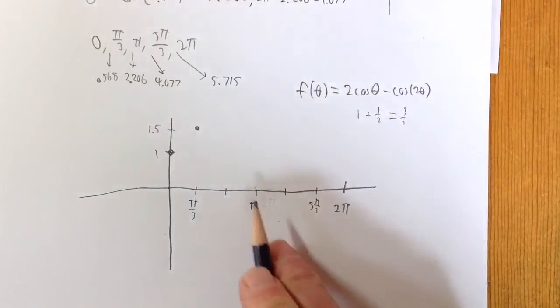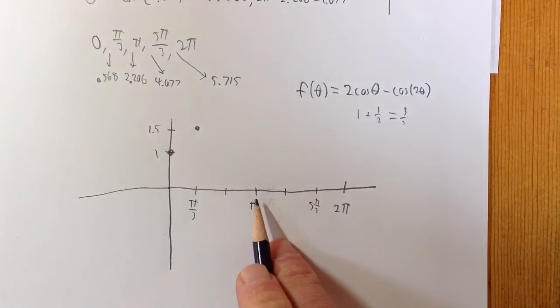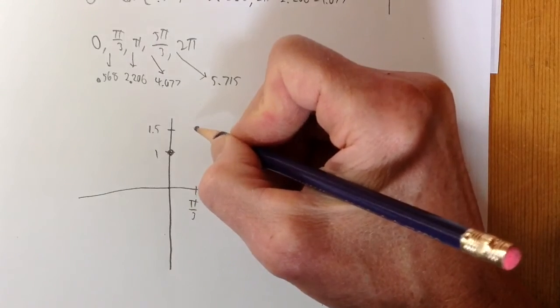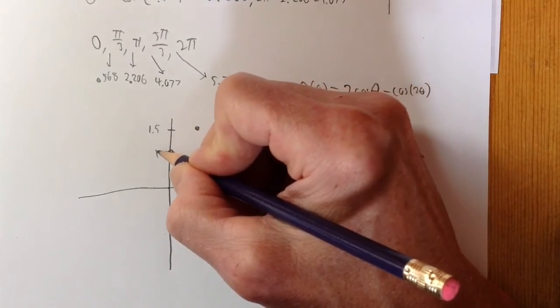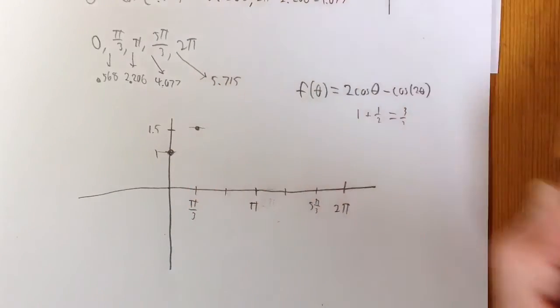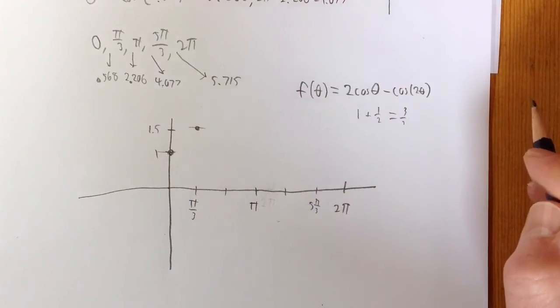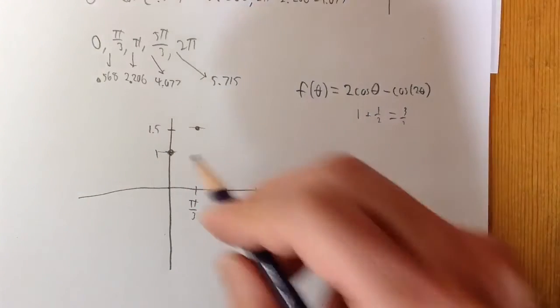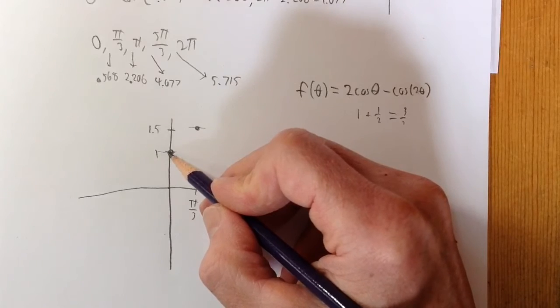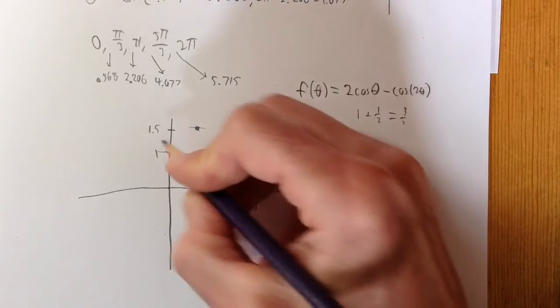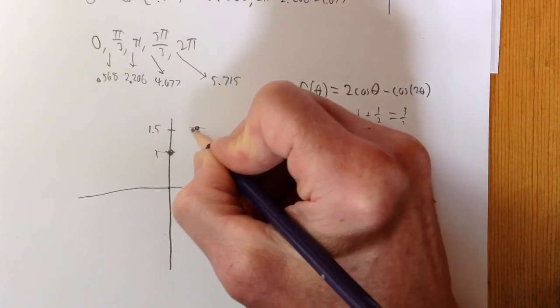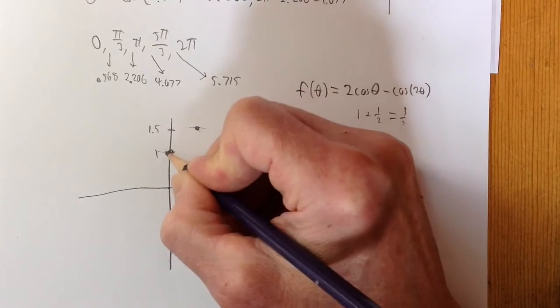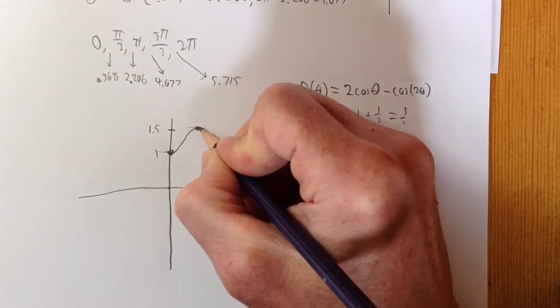Let's do the next interesting point. What is it at pi? That's the next place the slope is 0. So it's 0 here and 0 there. Actually, do we even need to do that? Well, we should to get the perfect answer. But look, how can it possibly be 0 here and 0 here? The only way is if this is a minimum and that's a maximum. It's got to look like this.